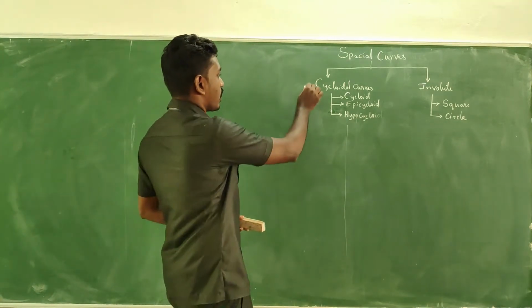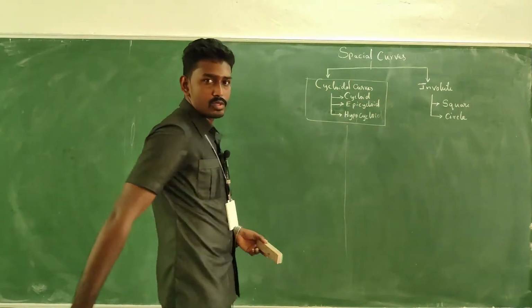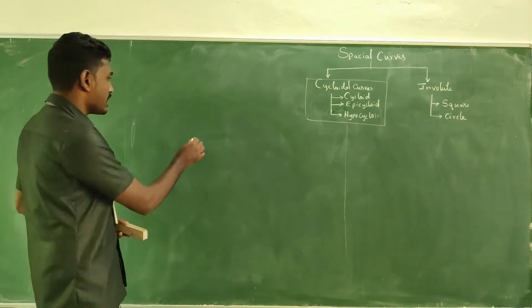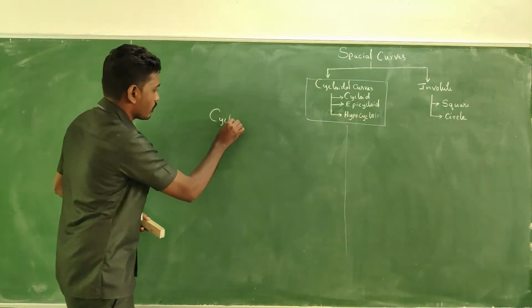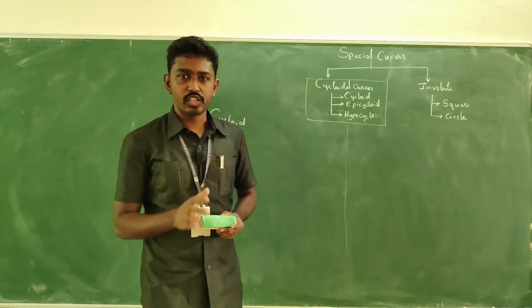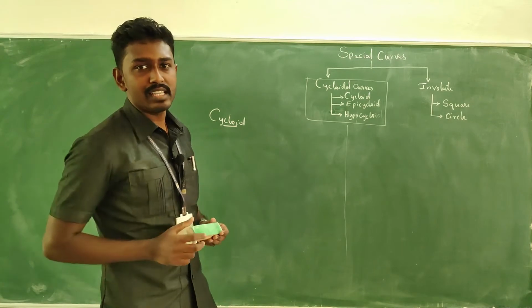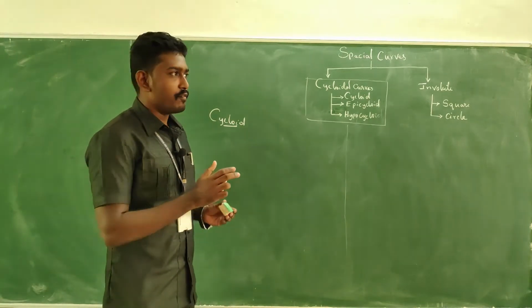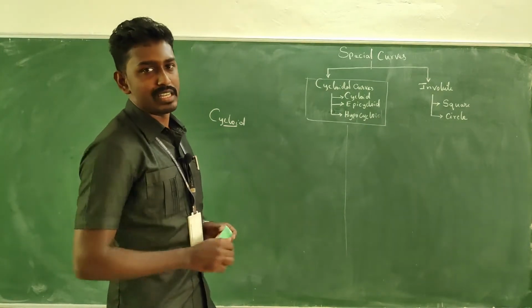Now we can concentrate on the cycloidal curves. Let me start with the first one, cycloid. A cycloid is a curve generated by a point on the circumference of a circle which rolls along a straight line path without slipping.